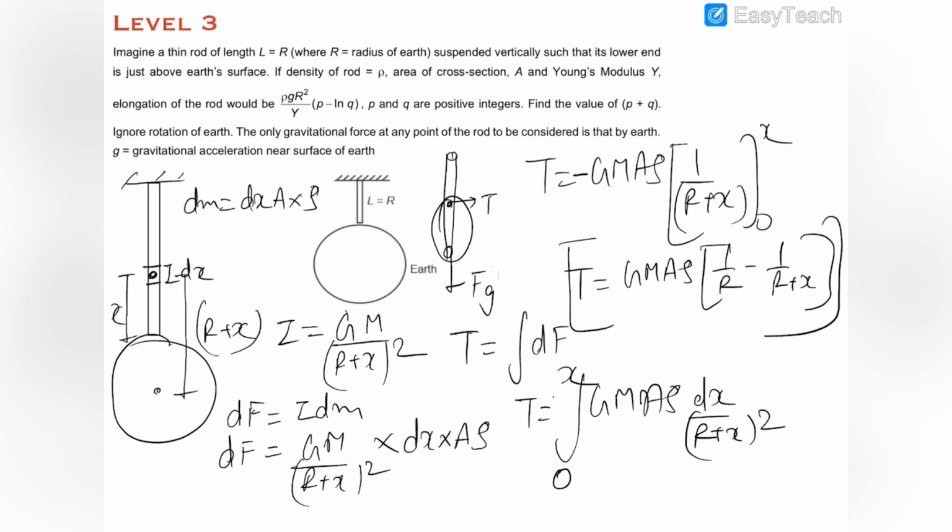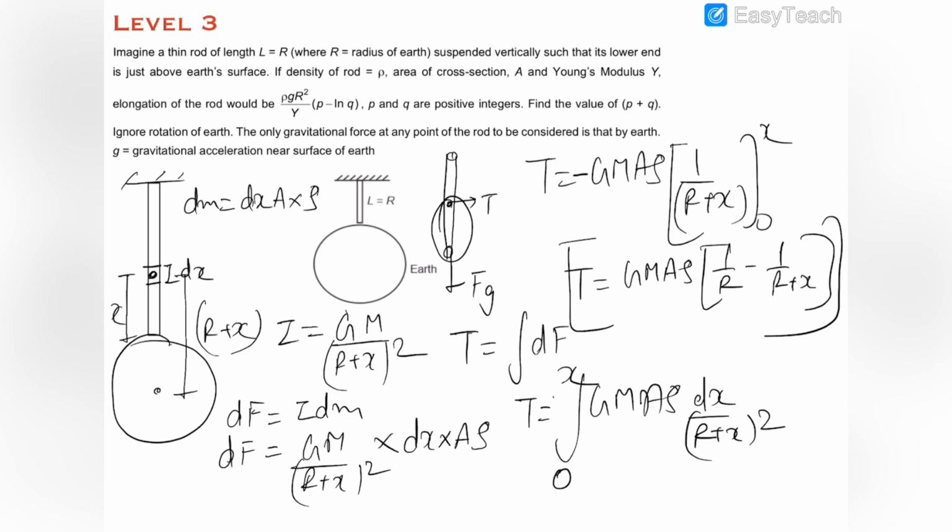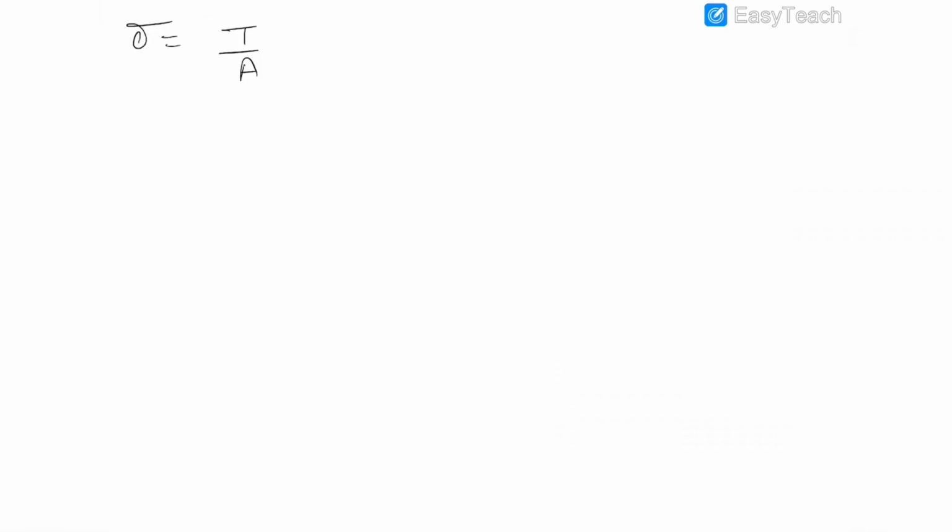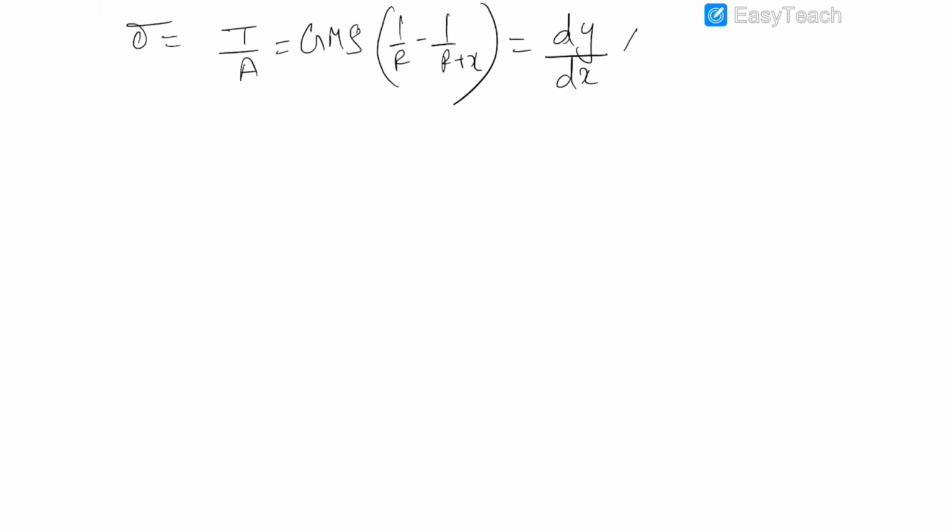Now if we find out the stress, the stress at this point will be equal to tension per unit area, and tension is equal to GM A rho, so A will be cancelled out, so it would be GM rho into (1 by r minus 1 by (r plus x)). And this stress will be equal to strain times gamma, which we have already used in many questions, that the strain in this part will be dy by dx.